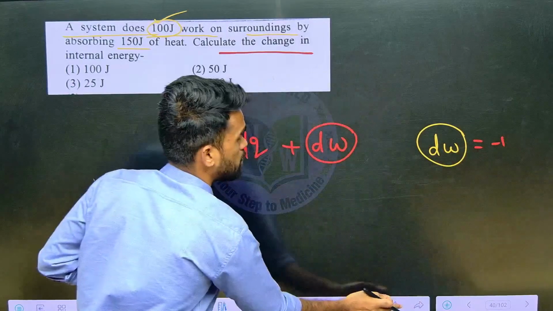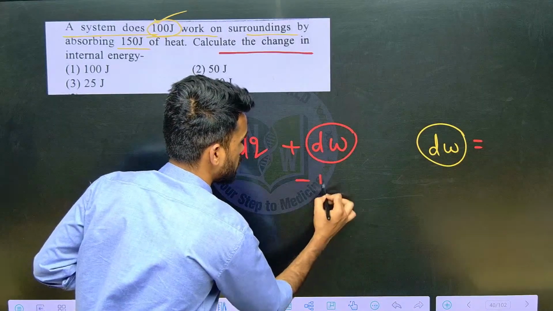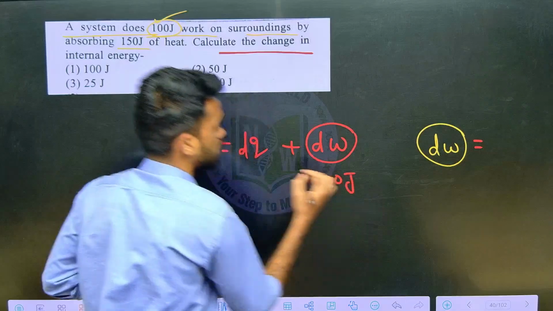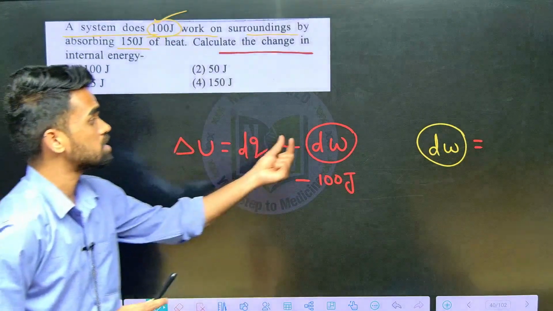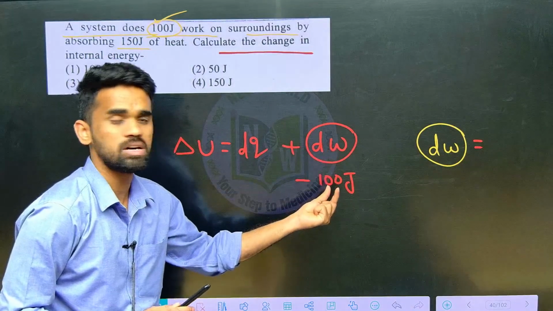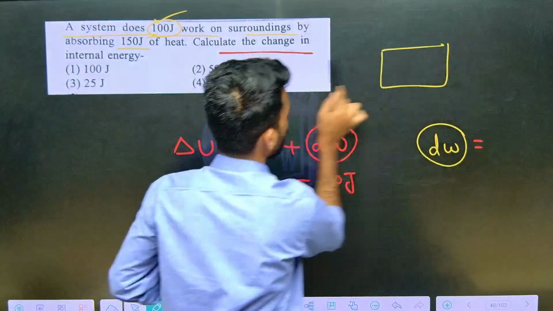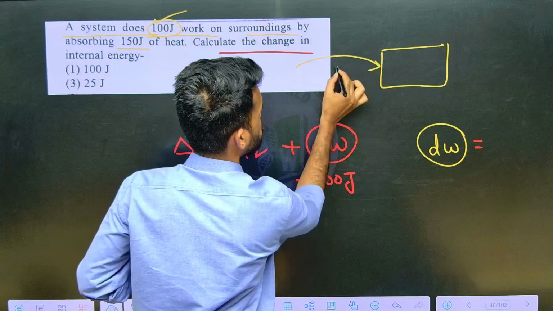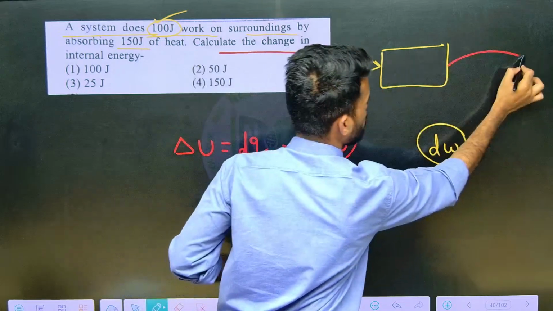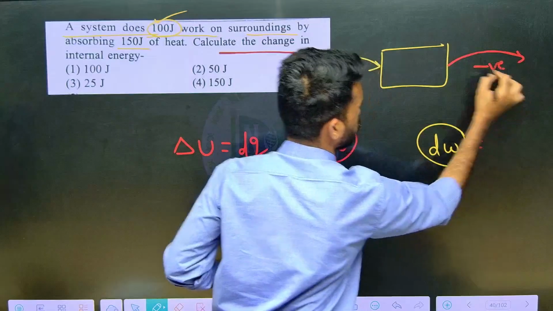In the place of dW I should take minus 100 joules. Why? Because that work is done by the system, so it goes out of the system. If work is done on the system it should be positive; if work is done by the system it should be negative.